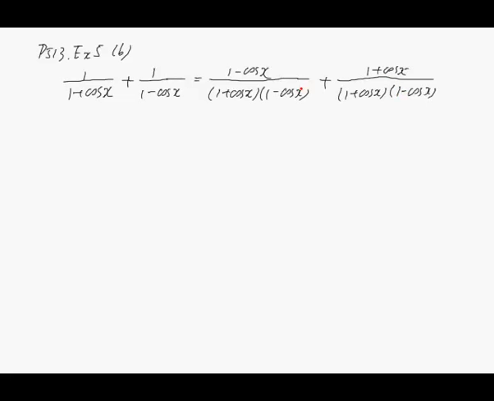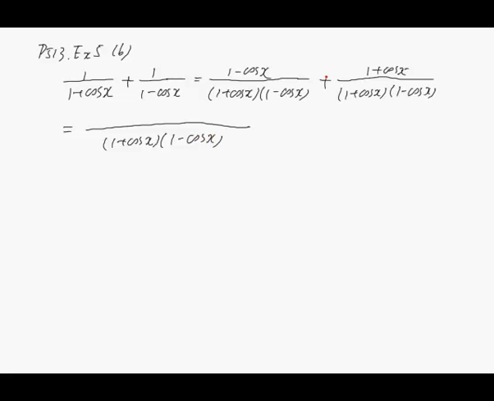Now, these two fractions have the same denominator, and then we can add the numerators and keep the common denominator, right? So we keep the common denominator, 1 plus cosine of x times 1 minus the cosine of x.